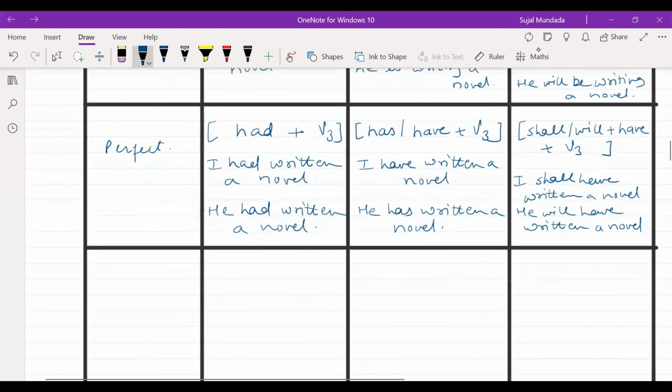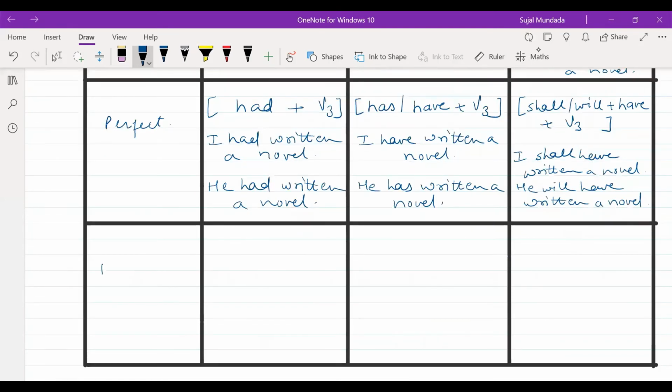Now next we will see perfect continuous tenses. Now in past perfect continuous tense, the structure is had plus been plus VING.